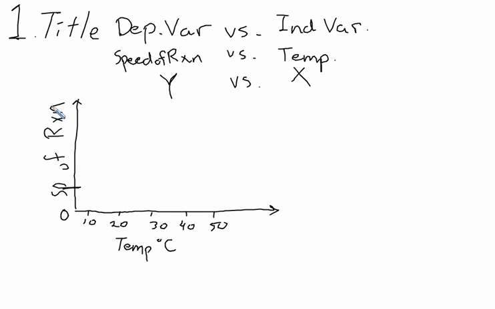Now, I'm not quite sure what the units will be for that one, so I'm going to leave it blank for now. One thing to point out is your units should always be in parentheses, just like that. And from there, you can plot your points. Oops, forgot to create a little scale here.